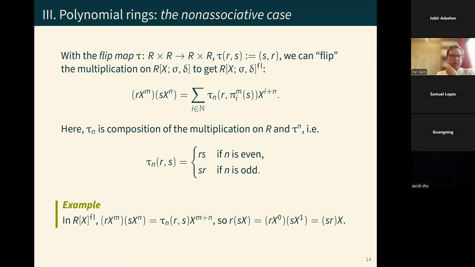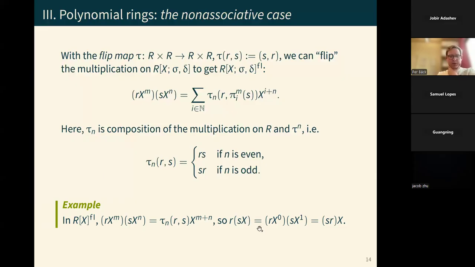So an easy example: what kind of ring structure do you get if you now induce this kind of flip? In the ordinary case, when sigma is the identity map and delta is the zero map, you get something which is already now very non-associative. For instance, if I compute this product R times Sx and I want to move the parentheses, I look at my rule here.